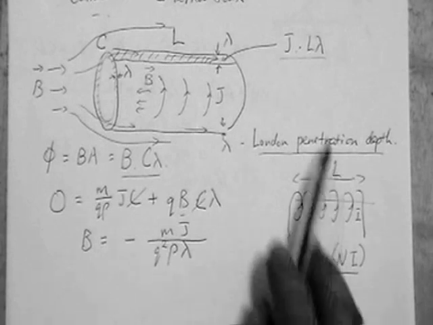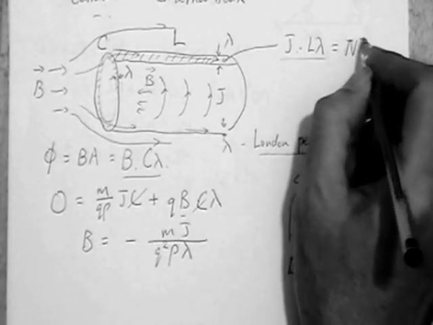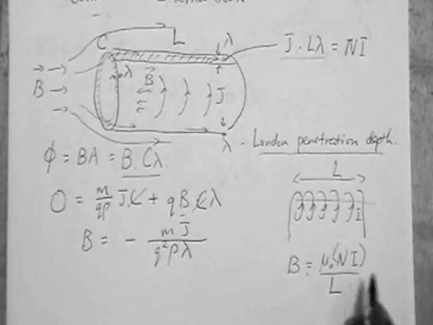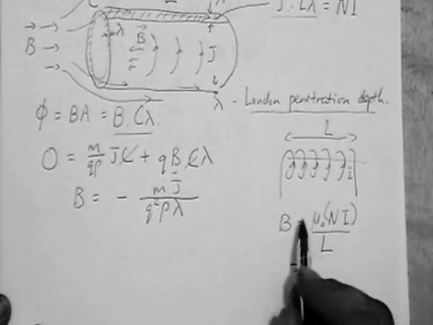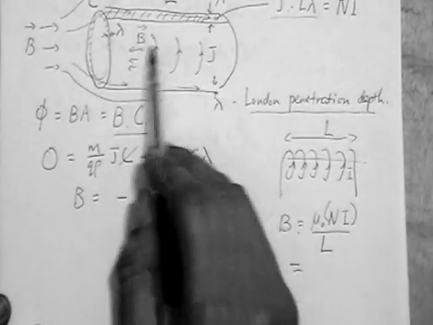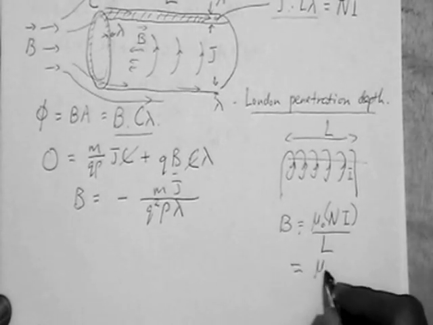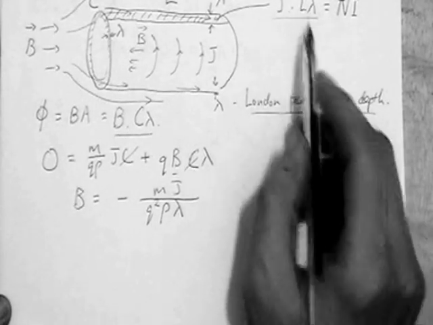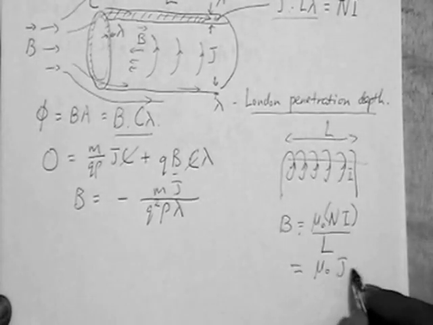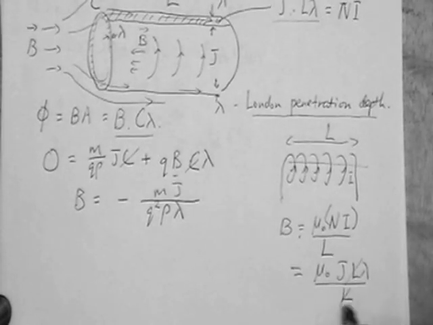So these are the corresponding quantities, and therefore we can equate this to the Ni in the solenoid, meaning that the B produced by this would therefore be mu naught times Ni, which is J L lambda, divided by L. And we see that the L can cancel.